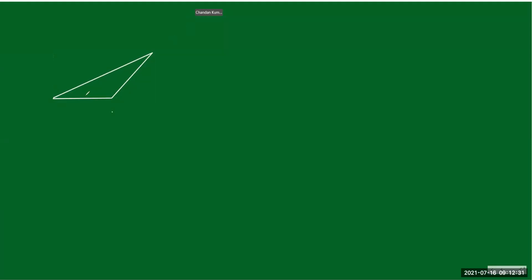Let's call this A, this B, and this C. Now this is counterintuitive. You're not able to think of a triangle there. You can say that I'm not comfortable with this triangle. So you do one thing. You just draw once again.